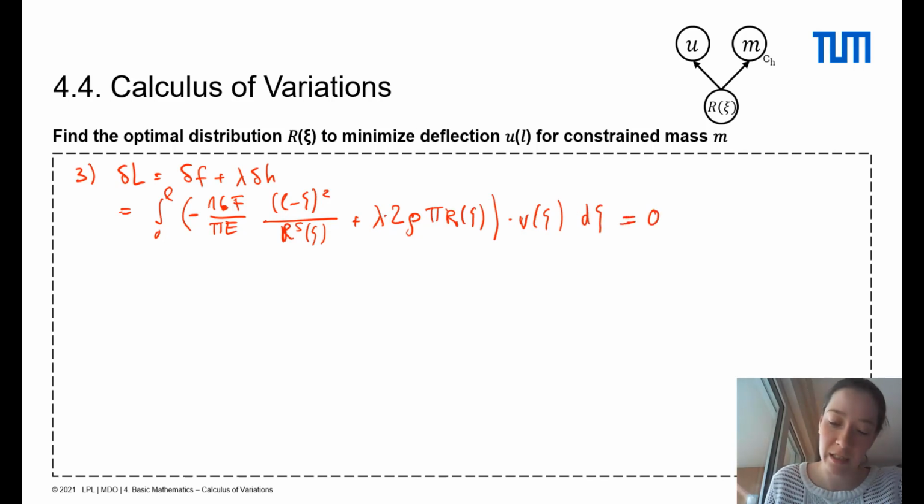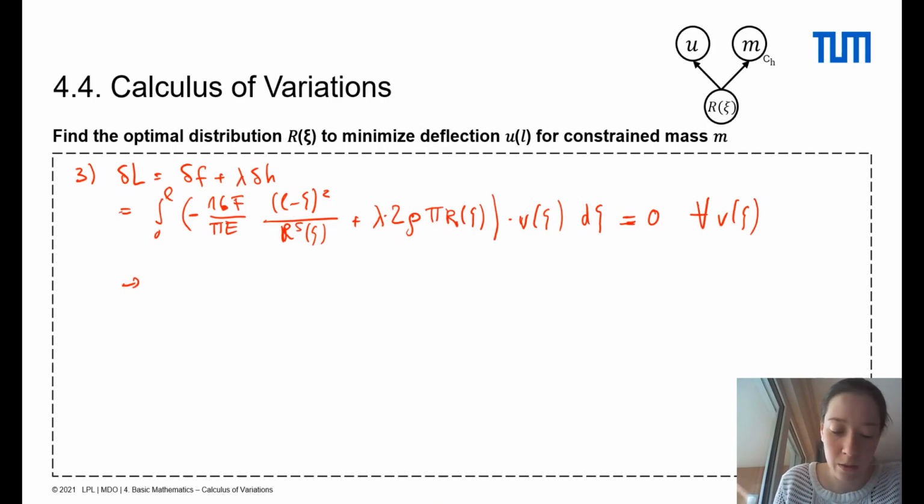And I know that this has to be 0 for all V of xi. Because remember it's an arbitrary test function, this integral can only always be 0 if the sum of those two components is 0.